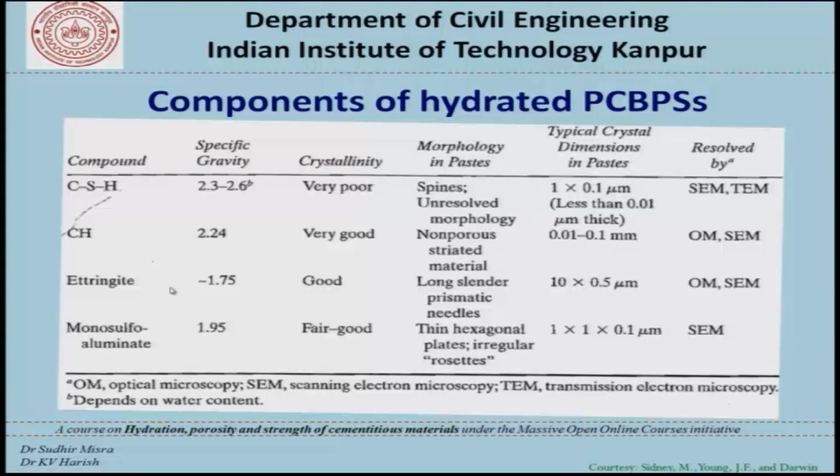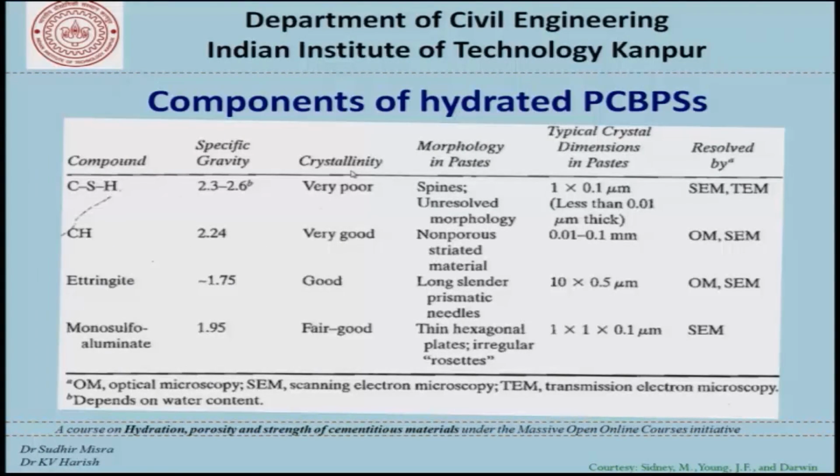If you carefully see, ettringite and monosulfoaluminate have lower specific gravity primarily because of the water content. In the formula for ettringite, you have more water: in ettringite it is H32, and in monosulfoaluminate it is H12 to H16. Since the specific gravity of water is 1, ettringite and monosulfoaluminate have lower specific gravity compared to CSH and calcium hydroxide.